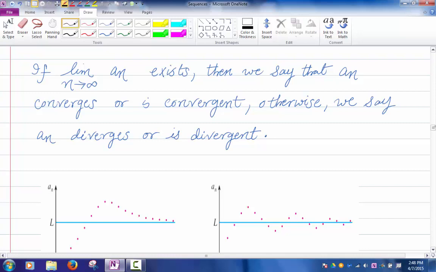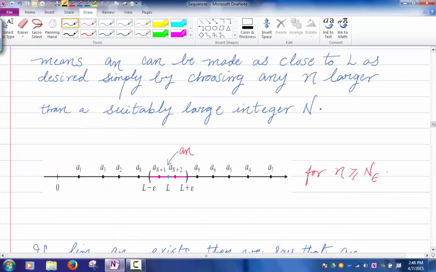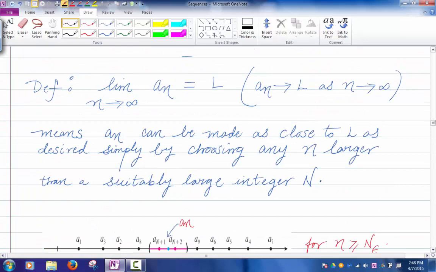Is everybody okay? Now, if the limit of the sequence is infinity, then we say that the sequence diverges to infinity. If the limit of the sequence is negative infinity, then we say that the sequence diverges to negative infinity. But we are going to call it convergent only when the limit is a number.